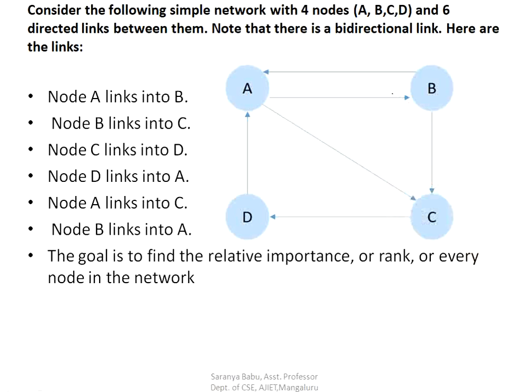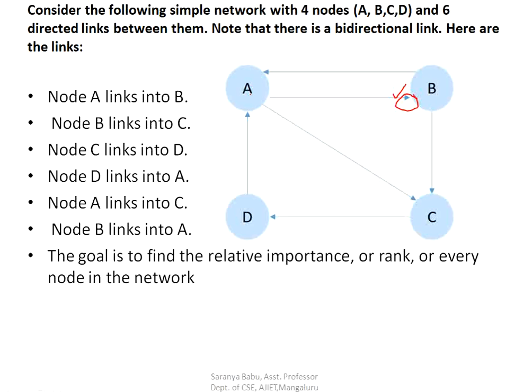One is this one. Only one incoming link it has. Correct? That is A. But A has two outbound links, so it is only 0.5 into RA. Node B is receiving only half the rank of node A, and there are no other incoming links to node B.